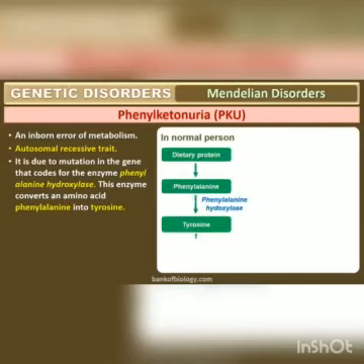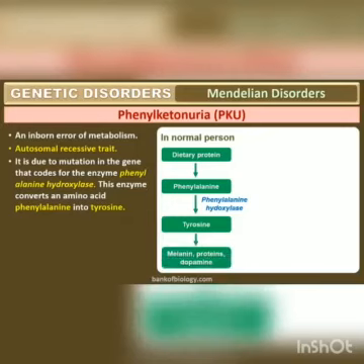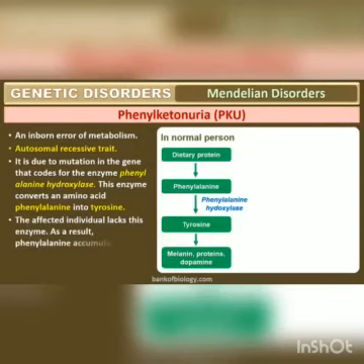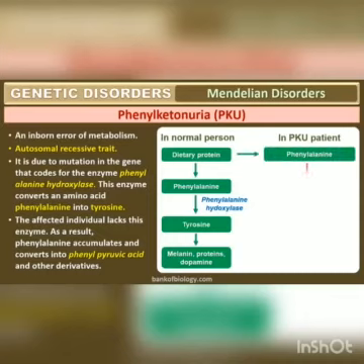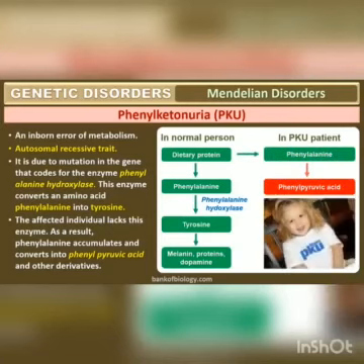This enzyme is essential for conversion of phenylalanine to tyrosine in a normal person. But in the affected individual, this enzyme is lacking. As a result, phenylalanine accumulates and is converted into phenylpyruvic acid and other derivatives. So in a phenylketonuria patient, phenylalanine is converted into phenylpyruvic acid.